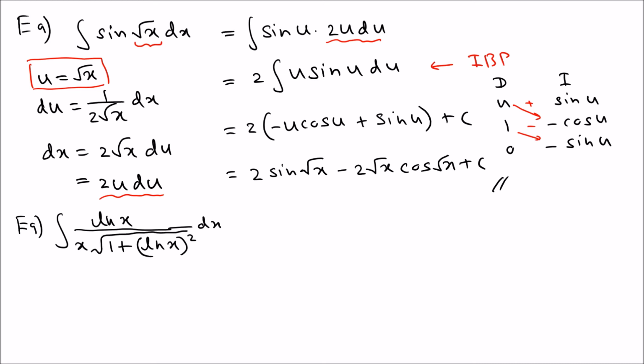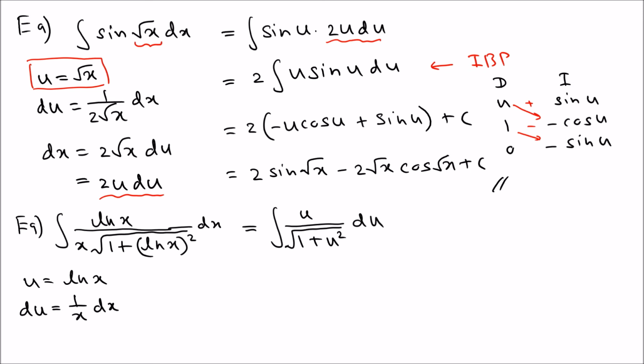And you can see in this problem also the u function is clear: u equals ln x, and then take the derivative, so it is 1 over x dx. So that means we can rewrite this problem using the new variable. This is going to be u over the square root of 1 plus u squared, and then dx over x is du.